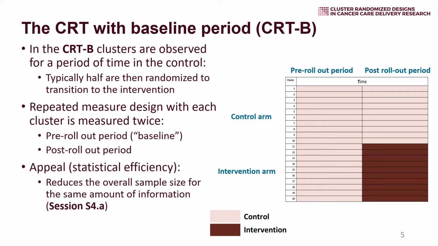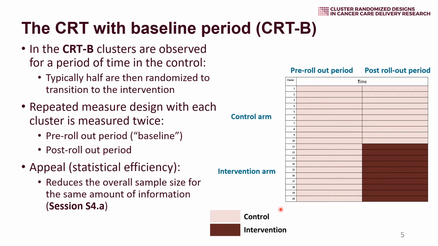So the first of these is what's known as a cluster randomized trial with a baseline period. And we're going to use the acronym CRT-B. So in the CRT with a baseline period, clusters are first observed for a period of time under the control condition. So that's here.